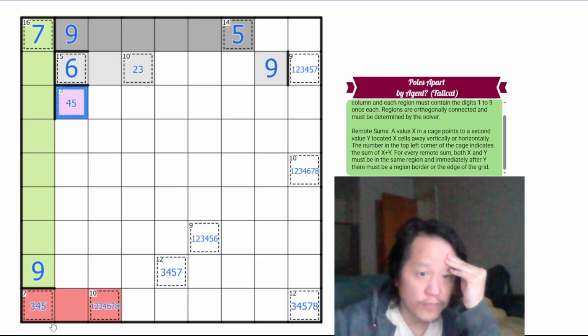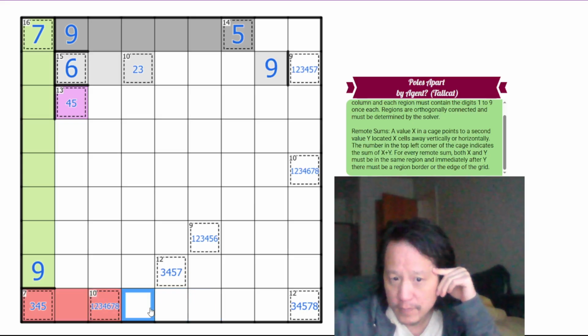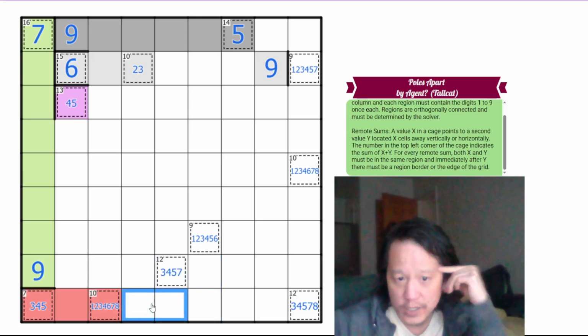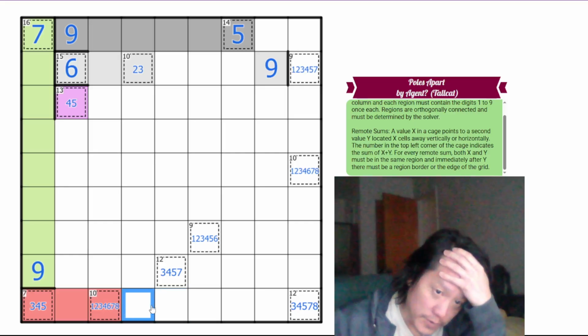Same with this. Okay, so red has to be with 3, 4, or 5 here. Again, cannot go out and then back in, because if it tried to go back out and back in, it would block the cells that are in between from forming a region. So this has to be red.